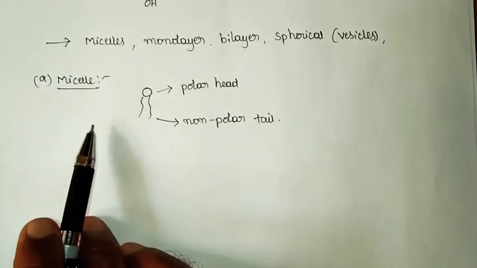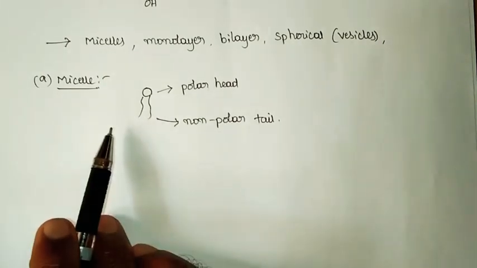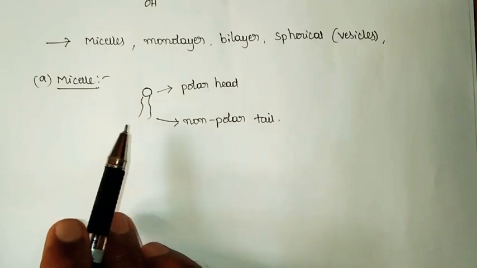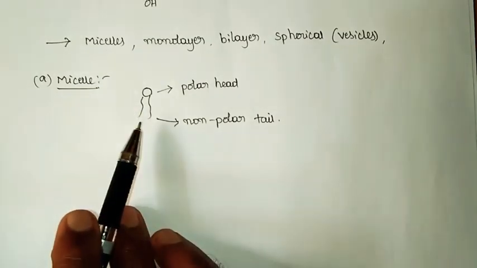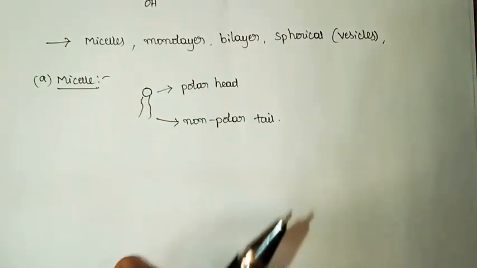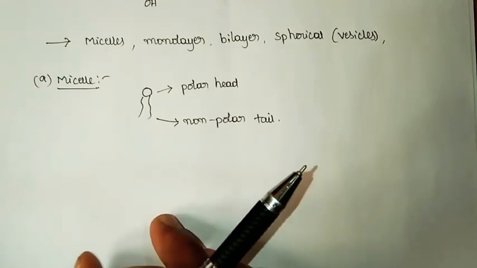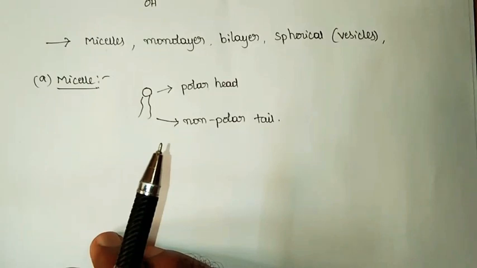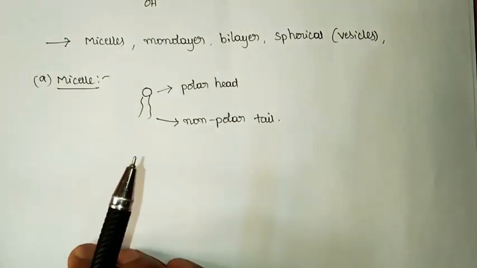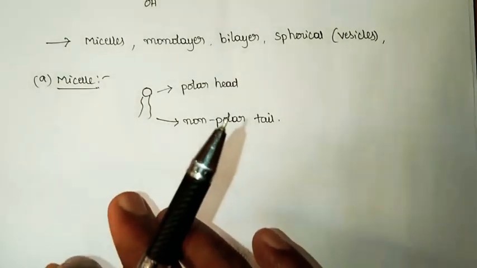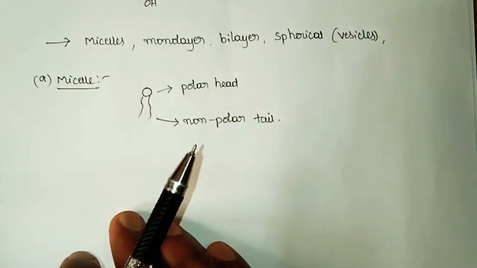The micelle formation by a phospholipid molecule will not occur at all concentrations. In order to form micelles, there should be a minimum concentration of phospholipid molecules, and only above that particular concentration of the lipid monomer will micelle formation take place.